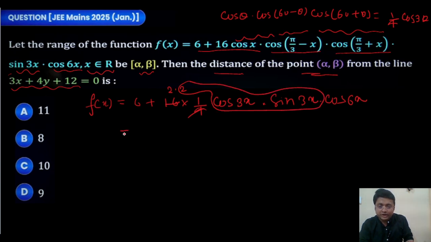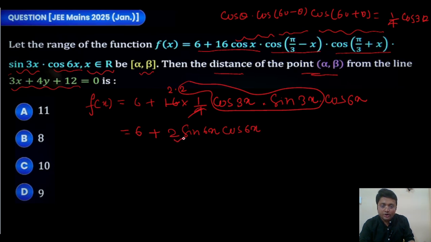So we can write 6 + 2 cos 3x sin 3x cos 6x. Now 2 cos 3x sin 3x is nothing but the formula of sin 6x, from sin 2θ = 2 sin θ cos θ. So you will write sin 6x, and here it is cos 6x.